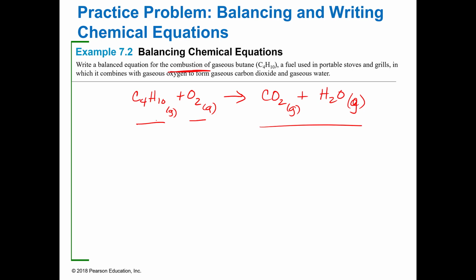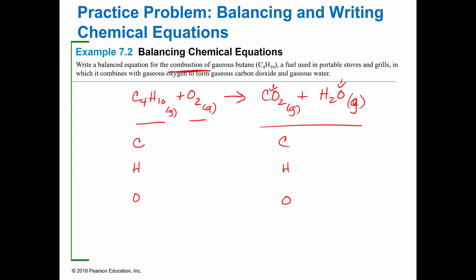Okay, so in order to balance this, I'm going to do the same thing. I've got carbon, hydrogen, oxygen, carbon, hydrogen, oxygen. The difference is, in a combustion reaction, I have oxygens in 2 places on the product side.